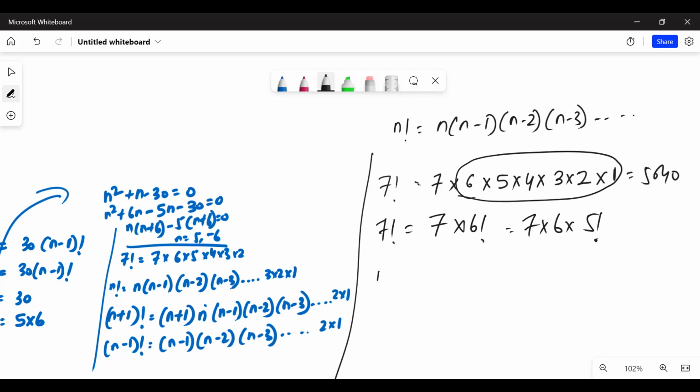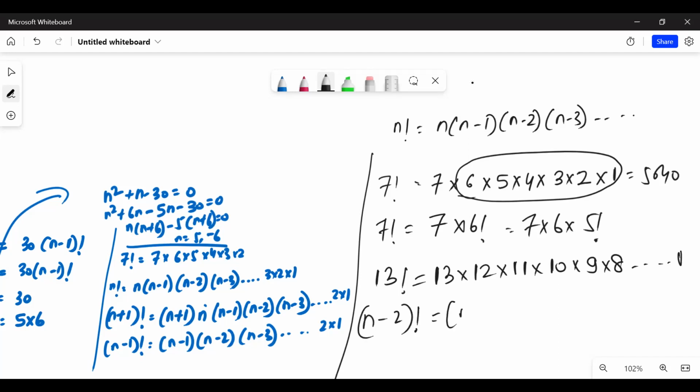Minus 1. If I ask you what is 13 factorial, 13 factorial would be 13 into 12 into 11 into 10 into 9 into 8. You keep doing till 1. So if I'm writing n minus 2 factorial, it would be n minus 2, then n minus 3, n minus 4, keep doing this till 1.